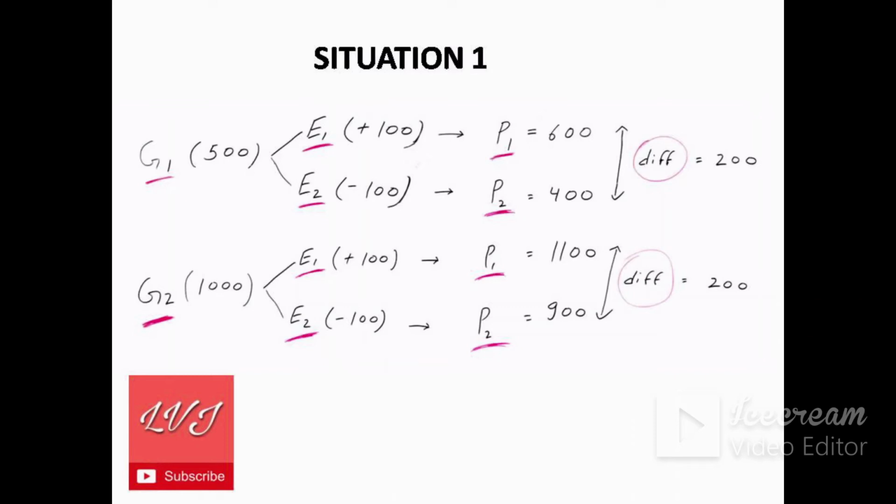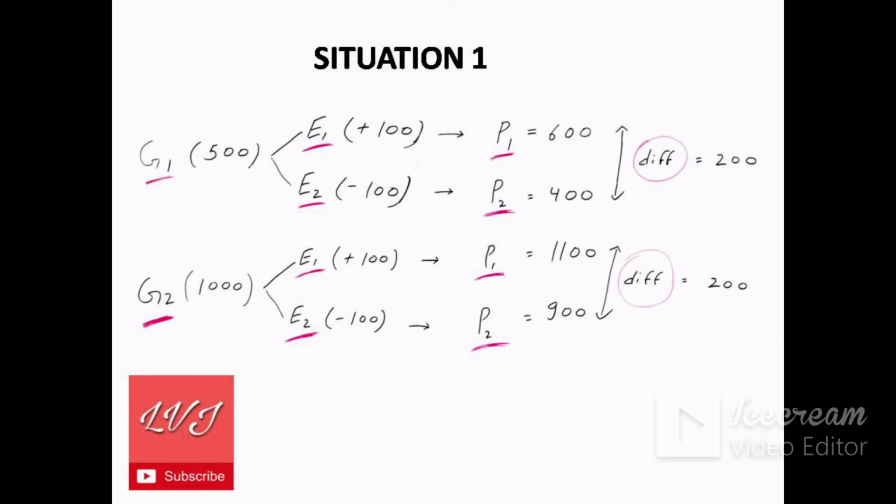Now, come to our second genotype. The genetic capability of the second genotype is 1000 kg, and environment 1 is supporting milk production. Environment 1 is a good environment.